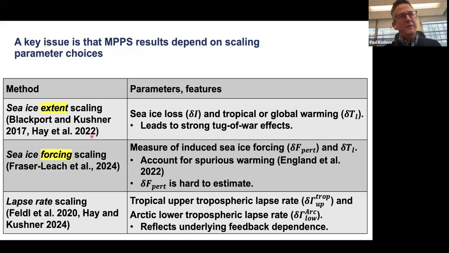So what we found, this result that we were very excited about in 2017, I think we've been forced to revise a bit, because these experiments we've done really exaggerate the role of sea ice and the role of Arctic amplification in isolation from other processes. What we found was this really strong tug of war, the idea that the Arctic is giving rise to a very strong negative feedback on circulation changes in the mid-latitudes.